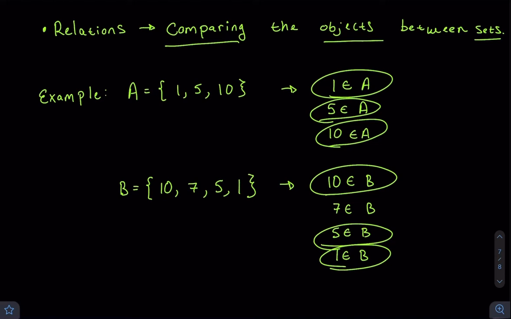So we can see that all the elements in set A are also elements in set B. So we have exhausted all the elements in set A when doing this comparison of which objects are in what set. And because all the objects in set A are in set B, then we have a special relationship between set B and A, which we call subset.